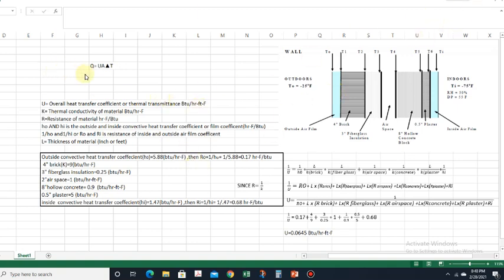So finally we can say that heat gain into the space depends on the overall heat transfer coefficient, and the overall coefficient depends on the conductivity and resistance and the length and width of the material. So this is all about the U value.